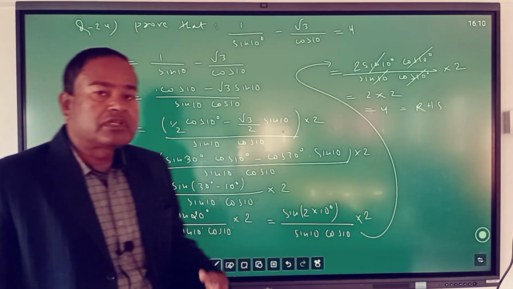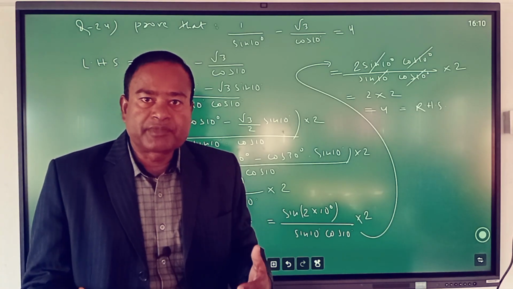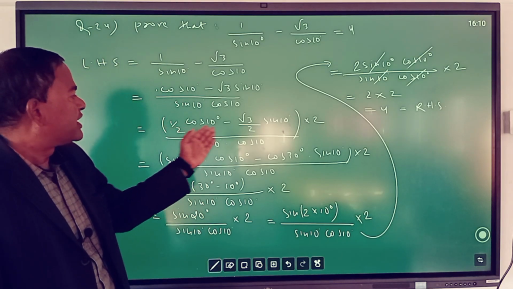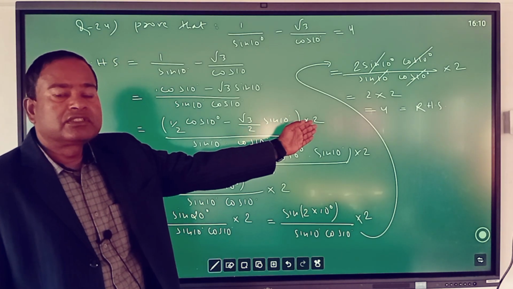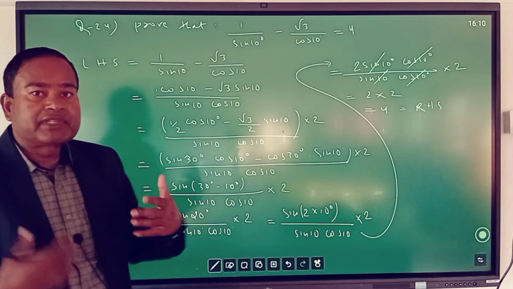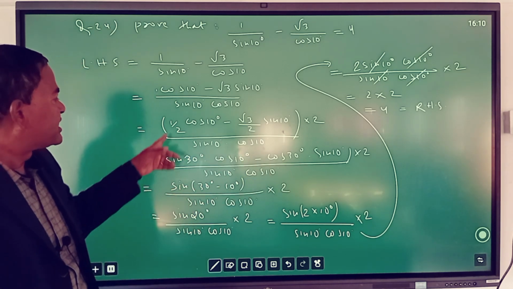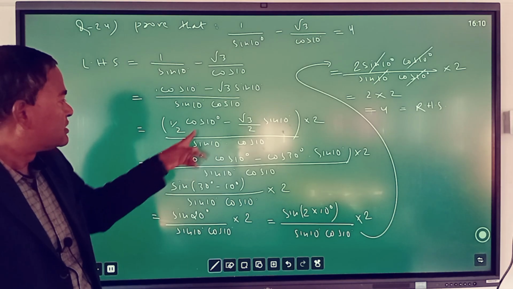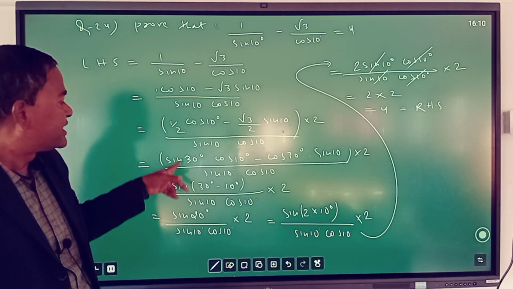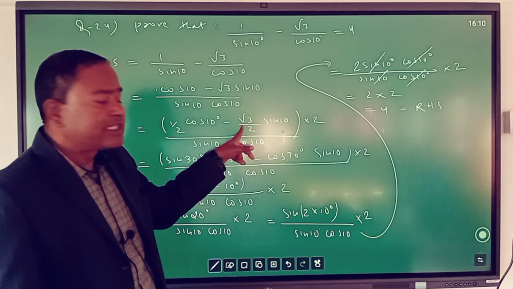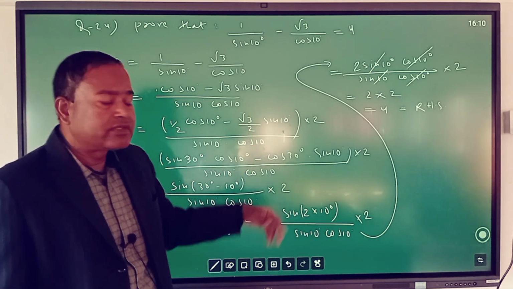So we have to do some manipulations. That means we have to multiply by 2 and divide by 2. So each term we have divided by 2 and the whole expression we have multiplied by 2, and denominator keeping as it is. So replacing the value of 1 by 2, which is the coefficient of cos 10 degrees, by sin 30, and replacing the coefficient of sin 10, which is root 3 by 2, by cos 30 degrees.